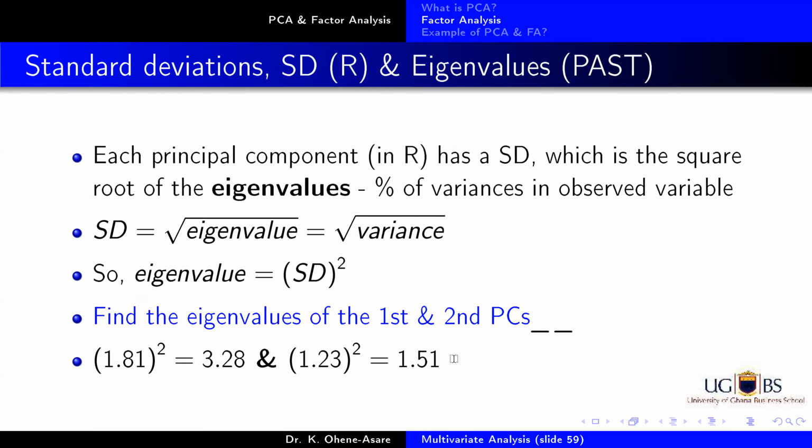And when you square it, you get 1.51, also rounded. So you're supposed to get 3.28, which I think all of you had. And then you also get 1.51 instead of 5.2. Is it 5.1 or 5.2? Somebody is still writing 5.2. Do I have to go and take my calculator and calculate it? Let me see. The answer is 1.51. If you type it into your calculator, you will get exactly 1.51.